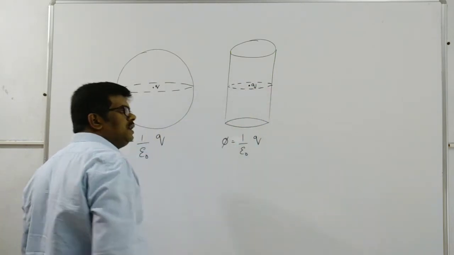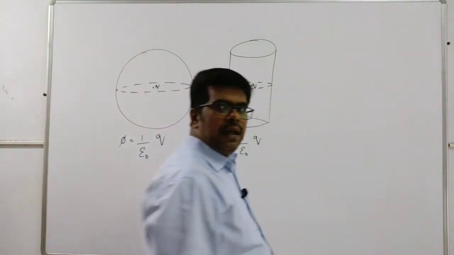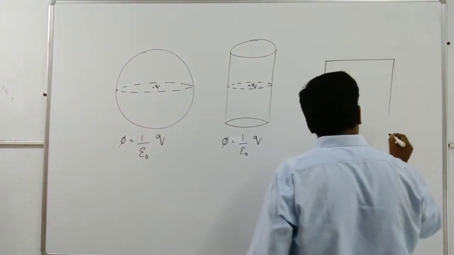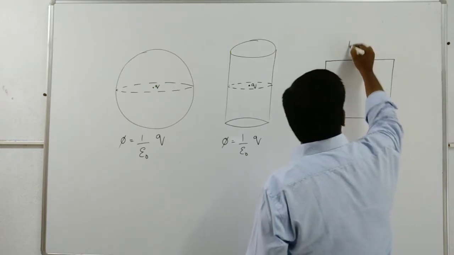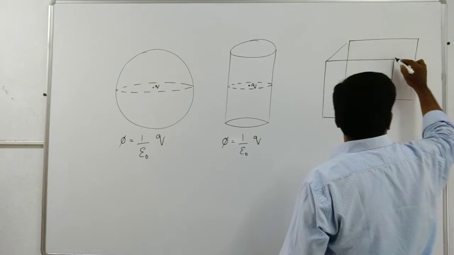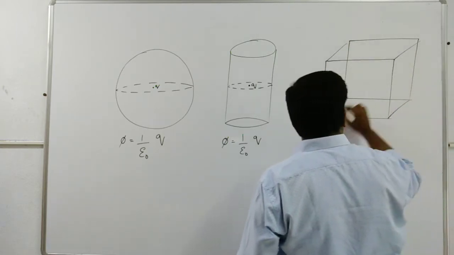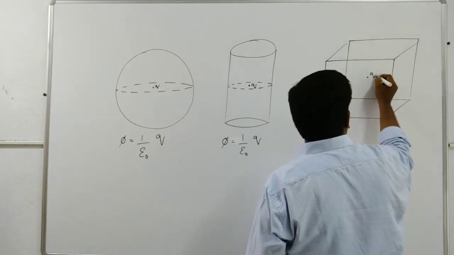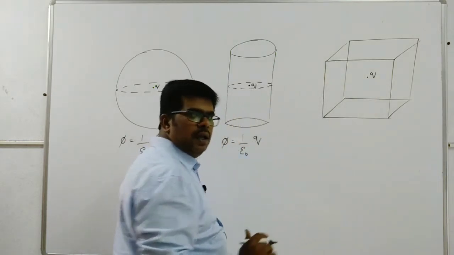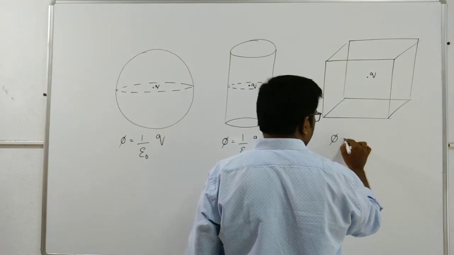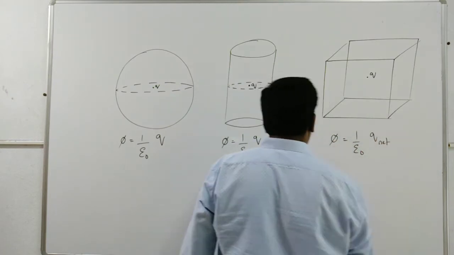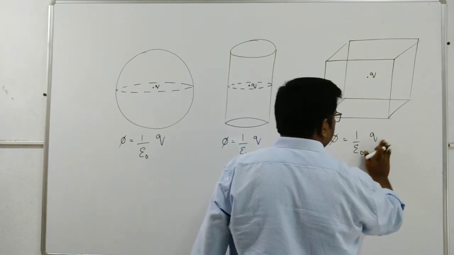Here the net charge enclosed is Q. Similarly, for a cube with charge Q at the center, the flux through this cube is phi equal to 1 by epsilon naught times the net charge enclosed, which is Q.